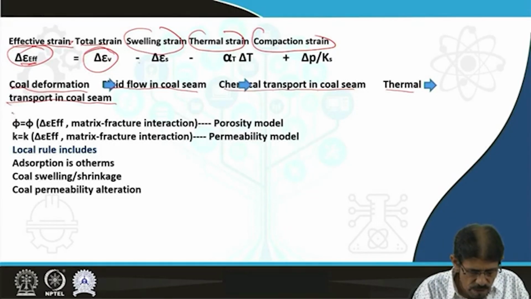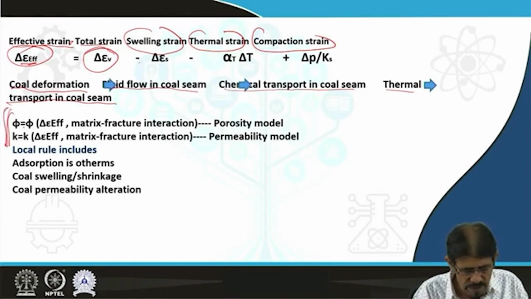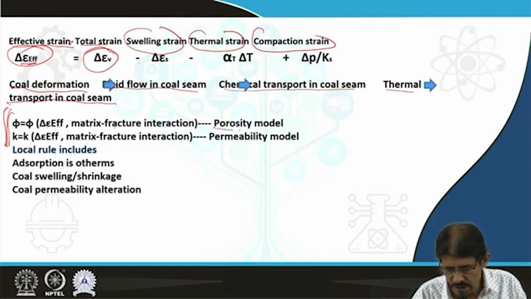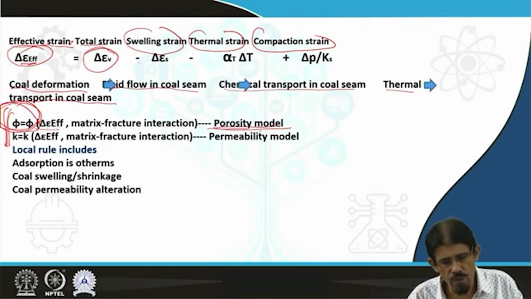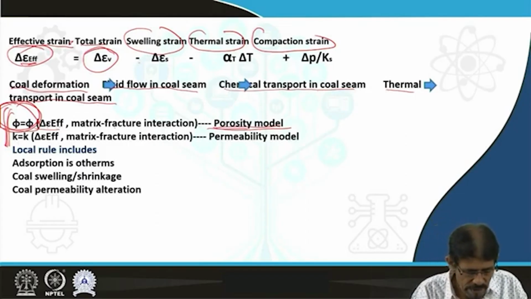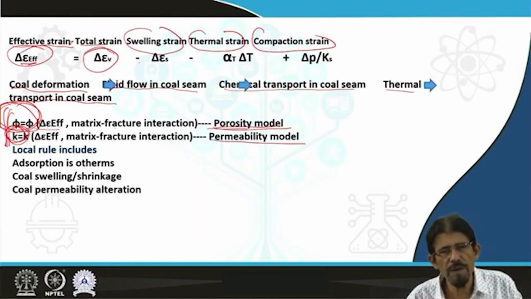If we look at the matrix fracture interaction, we can say that phi is equal to phi delta C effective matrix fracture interaction, and this becomes porosity equal to porosity effect based on the strain. Strain is a basis for the porosity model, and intrinsic permeability is a basis for the permeability model.